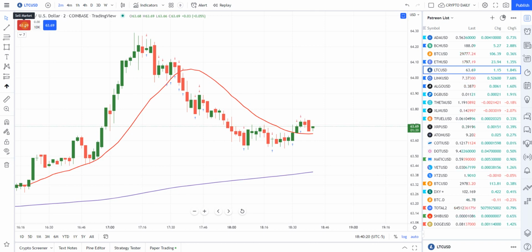See if we get a push to the upside. Oh, come on. Yeah, that might have been enough to turn this thing around. In other words, low. Well, maybe not.